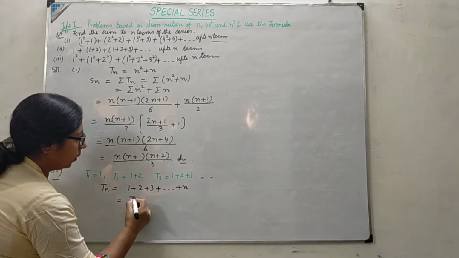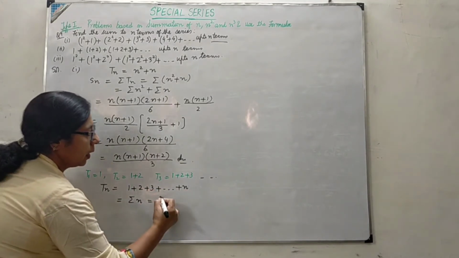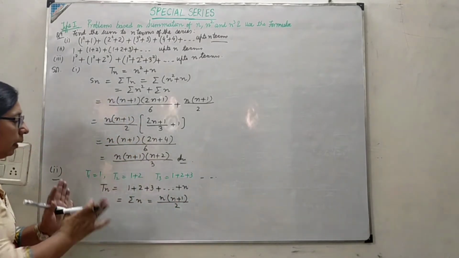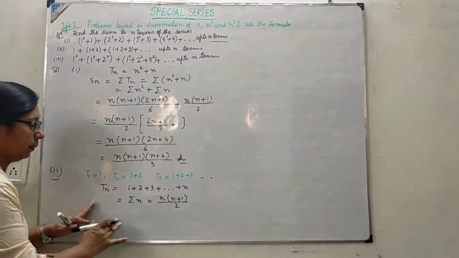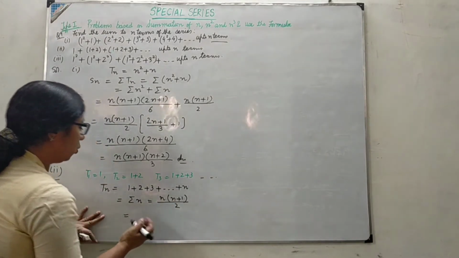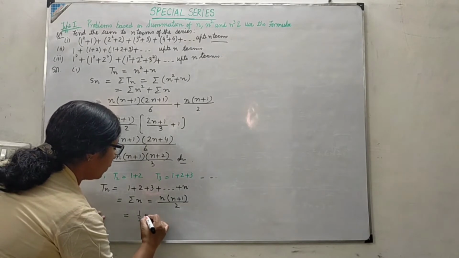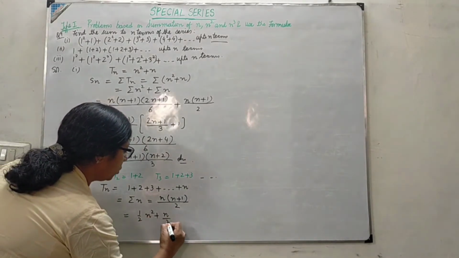So I know the formula for sigma n, it is n into n plus 1 by 2. Now this is not the sum, this is your Tn, the nth term. So I have to simplify to operate the sigma operator on Tn. So this is your half n square plus n by 2.